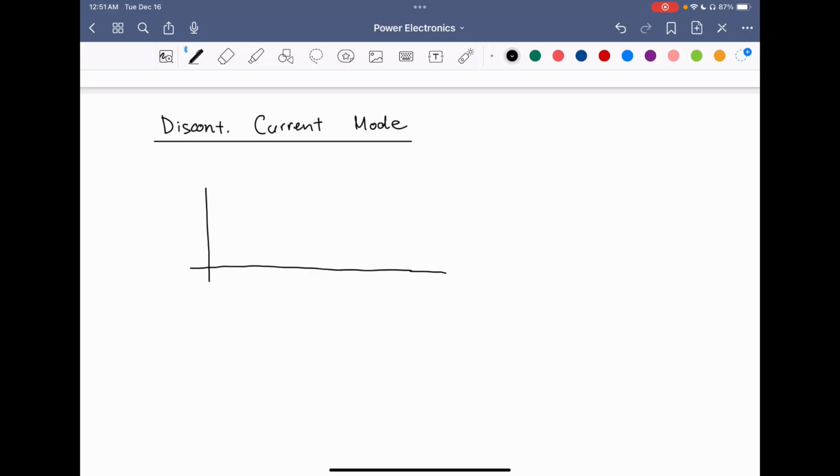So the inductor current IL is going to start at zero current. It's going to rise up to some maximum current I max. And this point occurs at time dT.